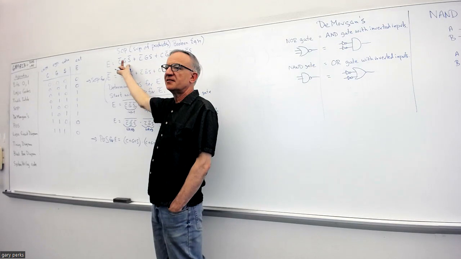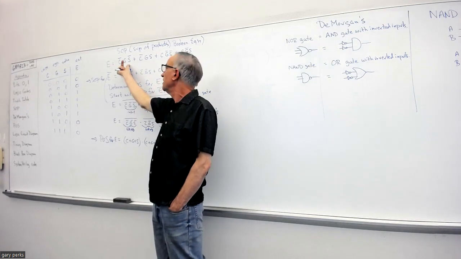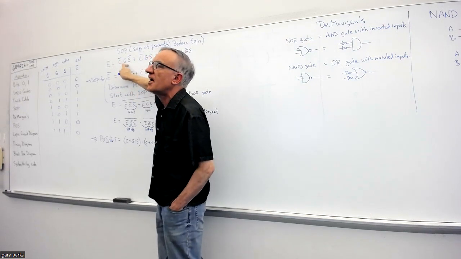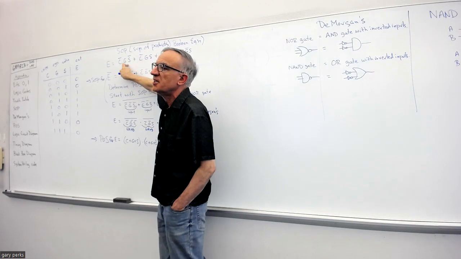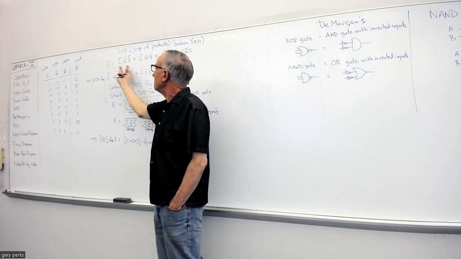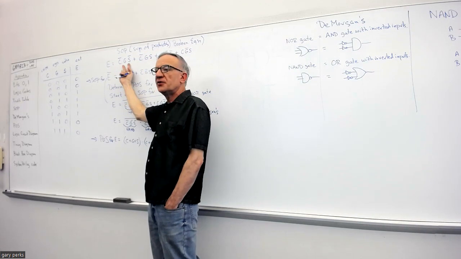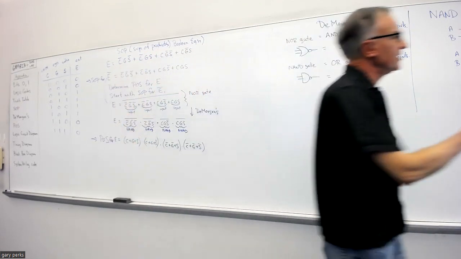Two AND gates? For just this term here? Because you can have AND gates with more than 2 inputs. If you're only going to use a 2 input AND gate, then yeah, it would take 2 AND gates. But if I have more than 2 inputs for an AND gate, then how many AND gates? Yeah, so you would just need one 3 input AND gate for that one. See, it would look like this.